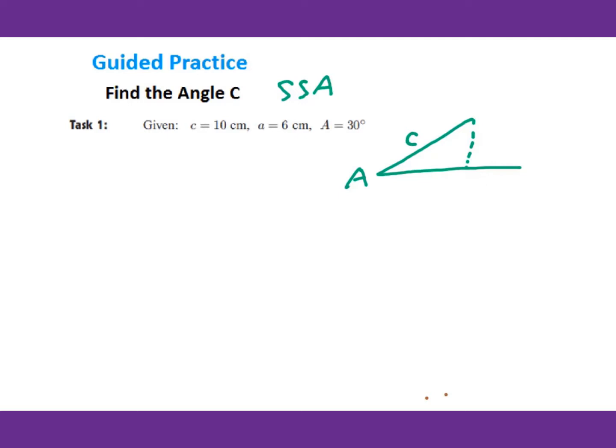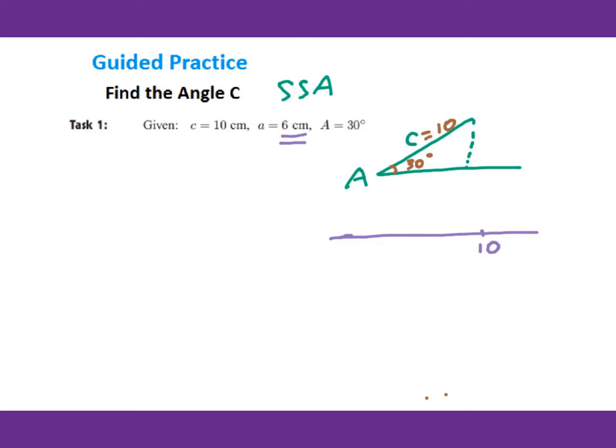For C, we know that is a 10. Angle A is a 30 degree. Then we need to draw this line. We already got this is a 10, and A is less than 10 because that's a 6.